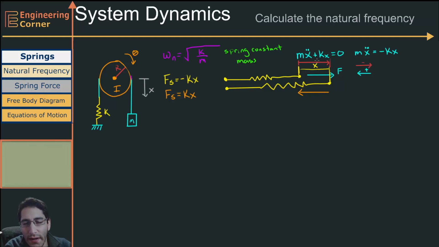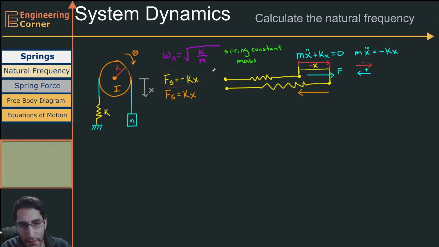Then this x is not just x, it's going to be minus x, and those negative signs will cancel out. If you use this approach with the minus x and this sign right here, then if you get a negative answer for your spring force, it just means you've assumed the wrong direction.